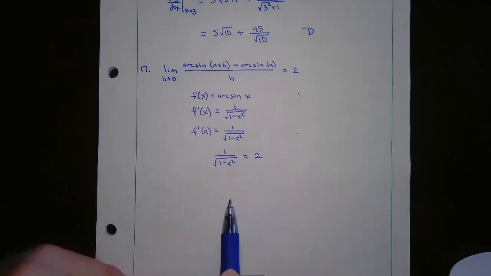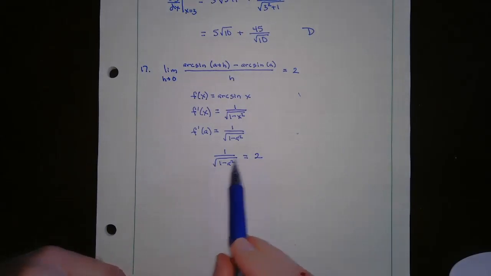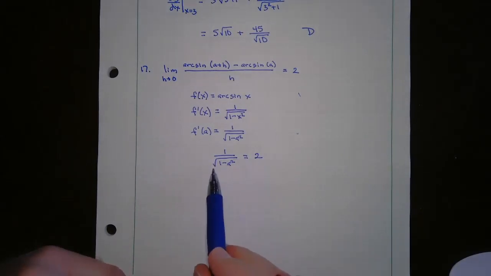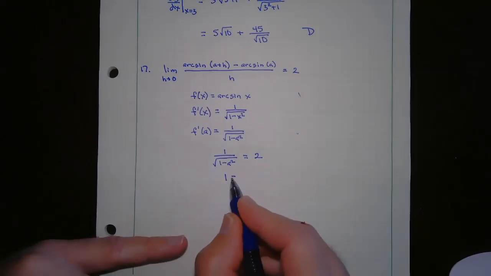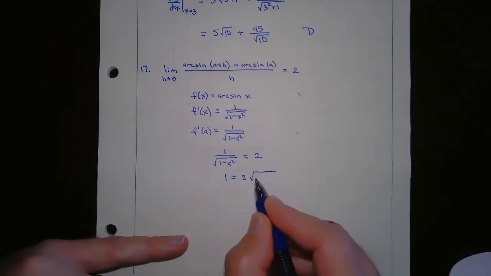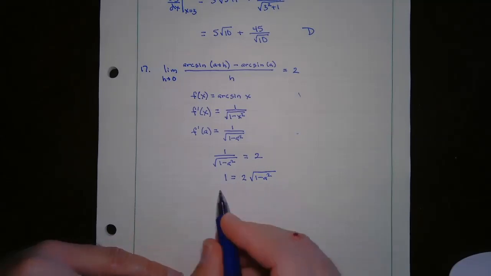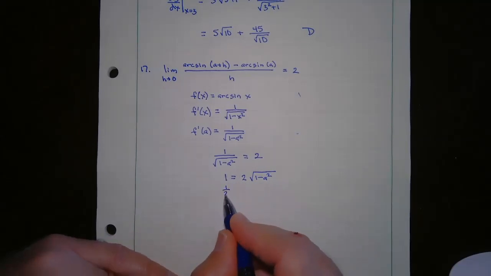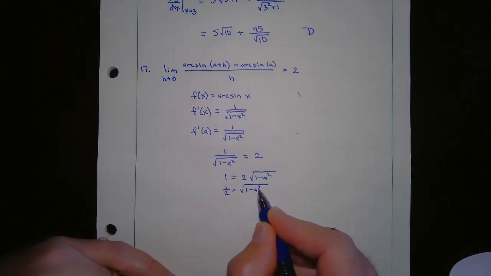So the best way to do this is to get rid of the fraction, and I'd multiply both sides by the square root of 1 minus a squared. That results in 1 is equal to 2 times the square root of 1 minus a squared. Then I divide both sides by 2, so 1/2 is equal to the square root of 1 minus a squared.